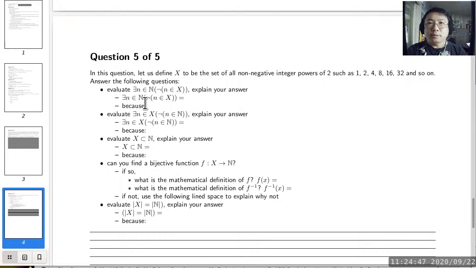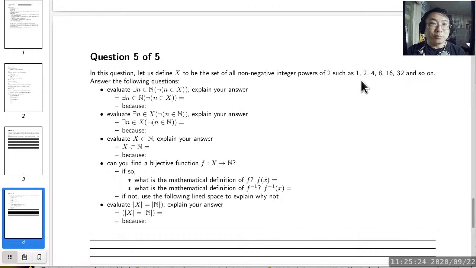In this case, if I read the question carefully, it is asking: there exists a lowercase n in the natural numbers such that it is not the case that this same n is in the set x. The set x has all the non-negative powers of 2. When you look at this set and the natural numbers, the answer is pretty obviously true, because there are some natural numbers that cannot be found in x.